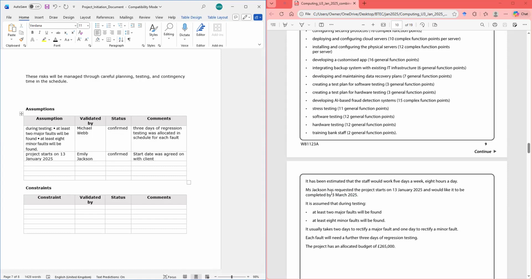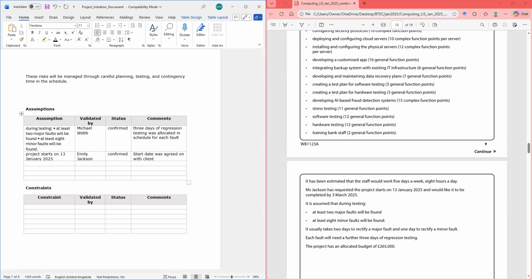Start and budgeting, anything to do with that, right? And we put here: start date was agreed on with client. That's what happened. We agreed on the start date with the client. And that's the assumption that it will be done by that time. She assumed it and she agreed on her assumption. All right?